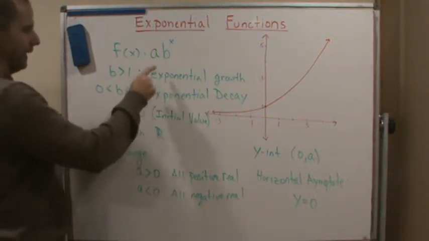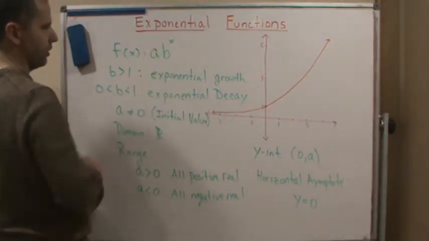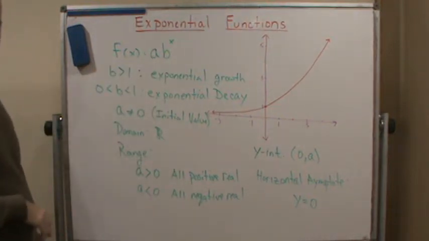And then we have the base, which is b, raised to the x power. This is the general form of an exponential function.